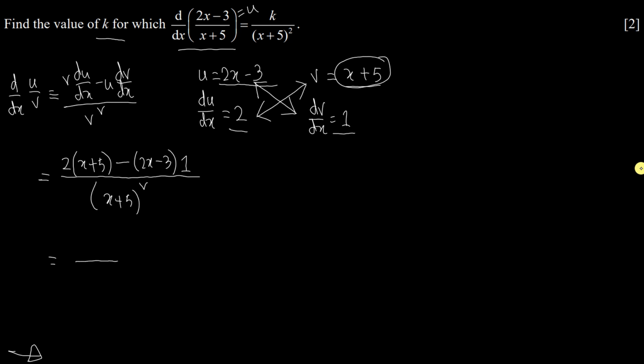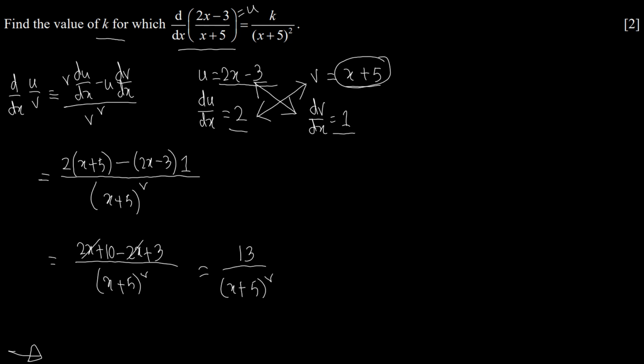Let me break down the top part. It gives us 2x plus 10 minus twice x plus 3 on the numerator, and the denominator is x plus 5 whole square. So finally you can cut out these, which is 13 over x plus 5 whole square.